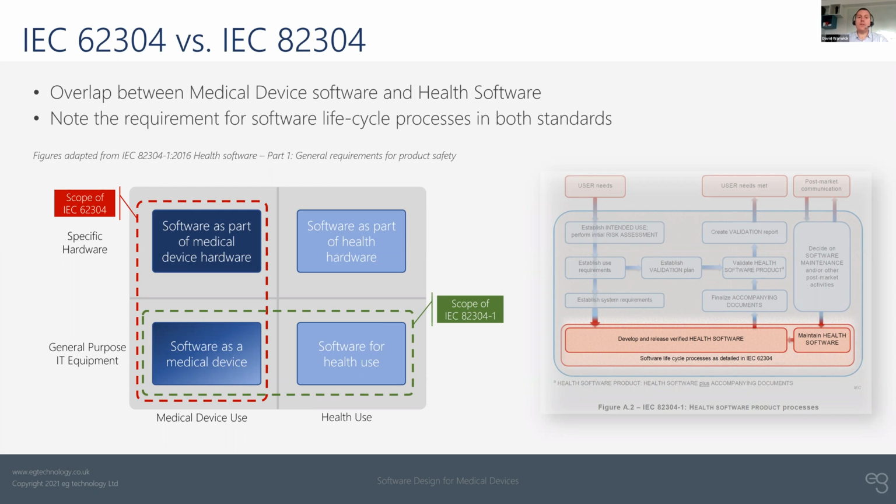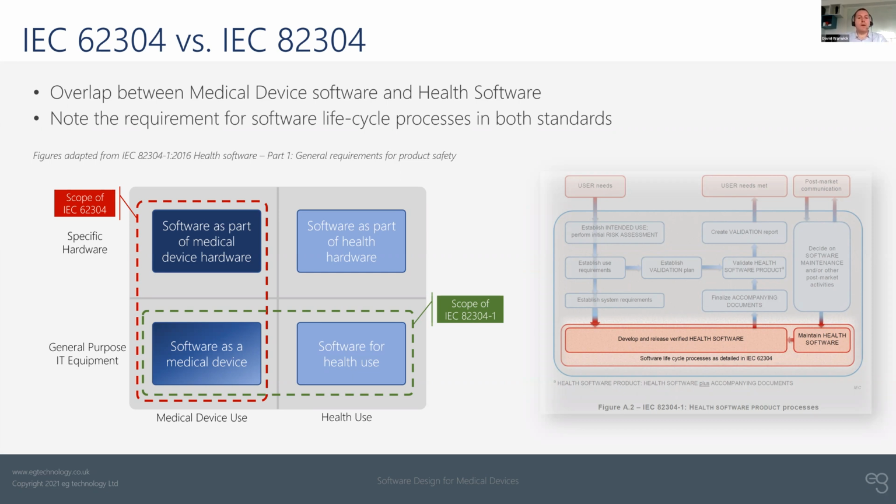They are a medical device, but they run on general purpose IT equipment. Of course, most of us are now carrying around things like smartphones in our pockets, which have huge amounts of computing power, along with the PCs and laptops which you can find in most offices, in most GPs' surgeries, all of those sorts of things.